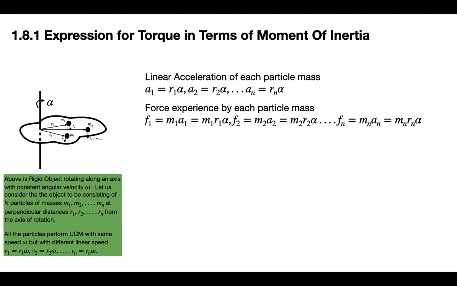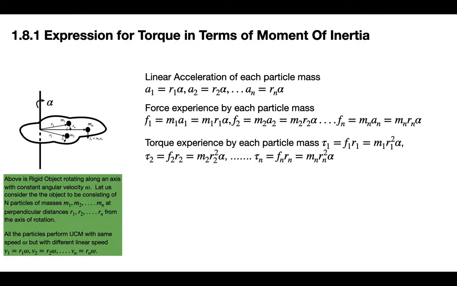And the force experienced by each particle is mass into acceleration. So the force on particle m1 will be f1 is equal to m1 a1, and if you replace the value of a1 you get m1 r1 alpha. Similarly, f2 is equal to m2 r2 alpha, like that.